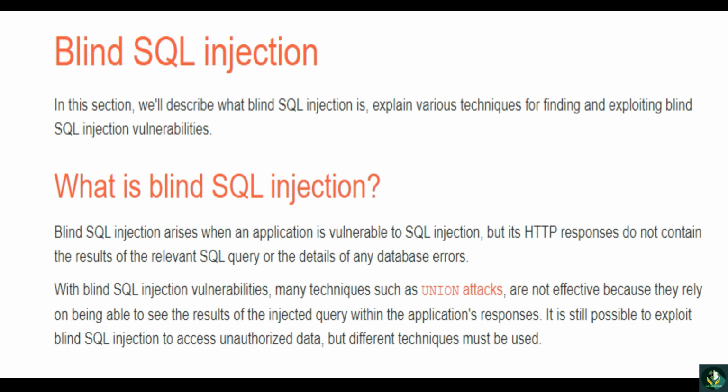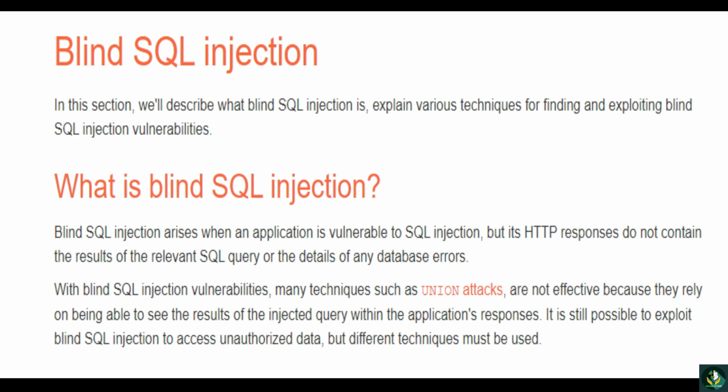Blind SQL injection arises when an application is vulnerable to SQL injection, but its HTTP responses do not contain the results of the relevant SQL query or the details of any database errors.